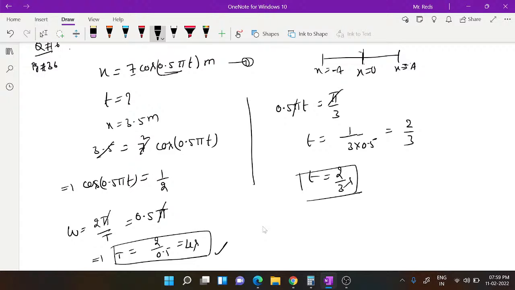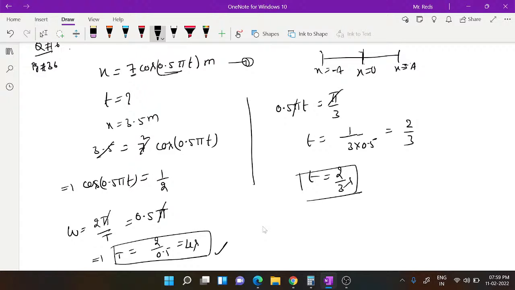The amplitude is 7. So in 2 by 3 seconds it can cover this, but what is the minimum time taken?